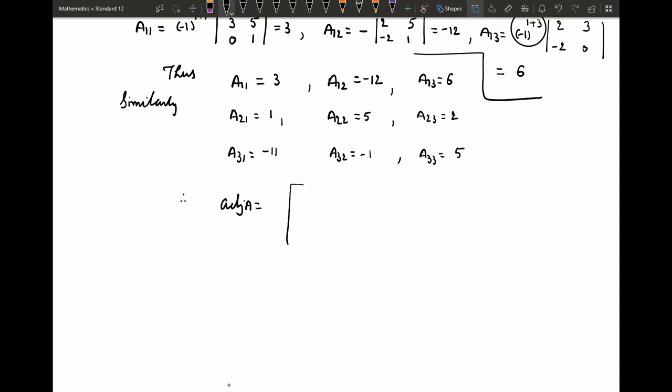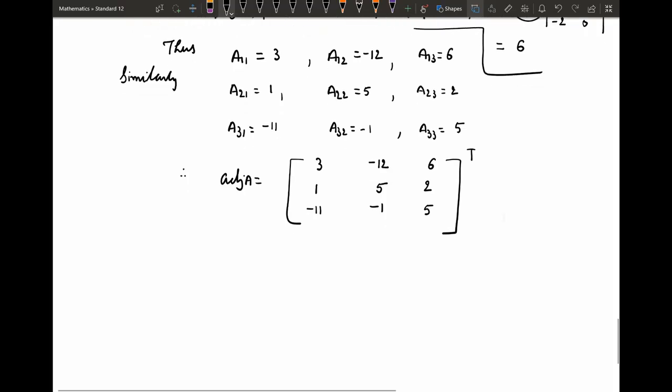Now first write down, replacing each entry by its cofactor: 3 minus 12 6, 1 5 2, minus 11 minus 1 5. Then you take the transpose.